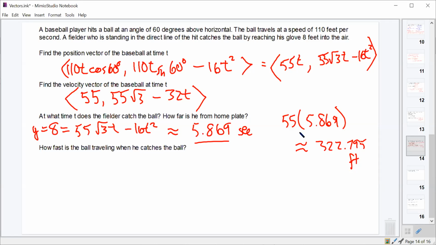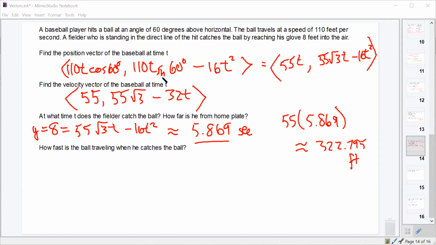All right, what about the last part here then? We now want to know how fast is the ball traveling when he catches the ball. So how fast the ball is traveling should be the what? Yeah, we're looking for speed here.